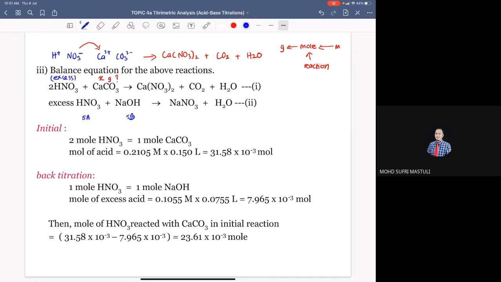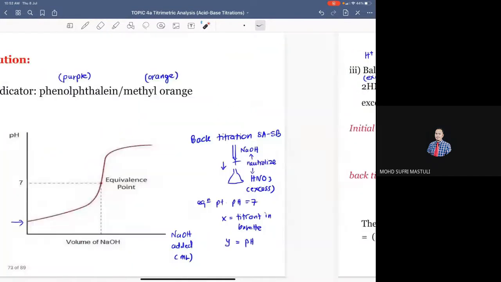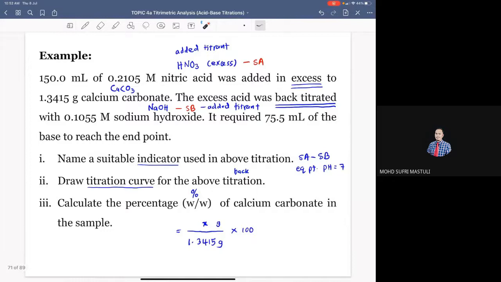Of course, as I said at the beginning, mole can be from mass over molar mass, or the mole can be calculated from the molarity, mole per liter. So it depends on what kind of information is given in the question. If you go back to the question, you are given 150 ml of 0.1205 molar nitric acid.